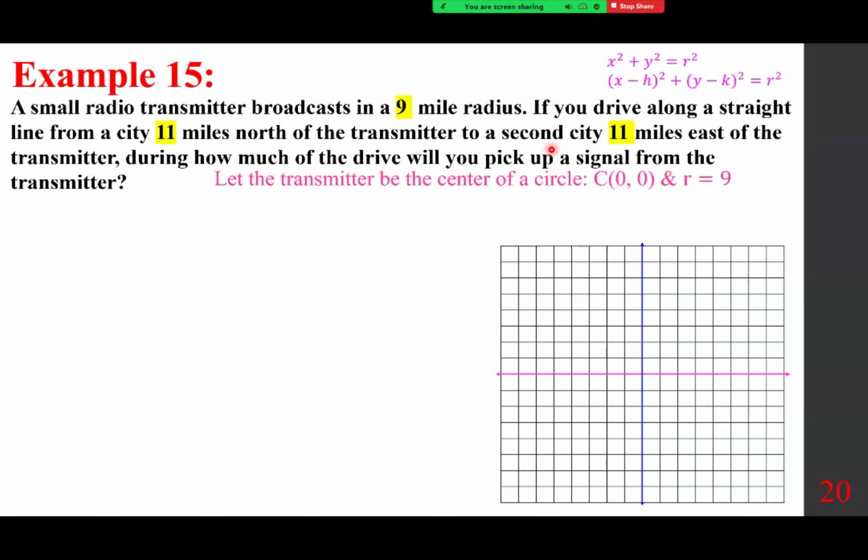The reason r is 9 is because it says 9-mile radius, which is x squared plus y squared equals r squared, or 9 squared, or 81. So here's the center, and here's the circle. That means if we happen to be anywhere here inside the circle or on the circle, we can pick up the signal.